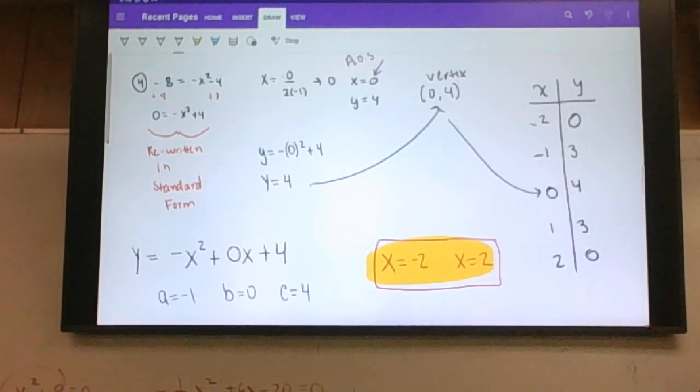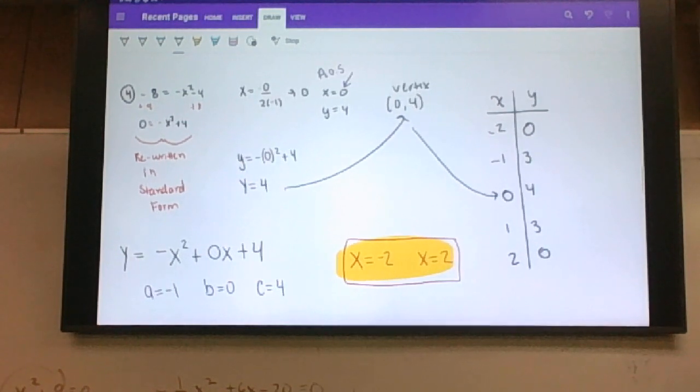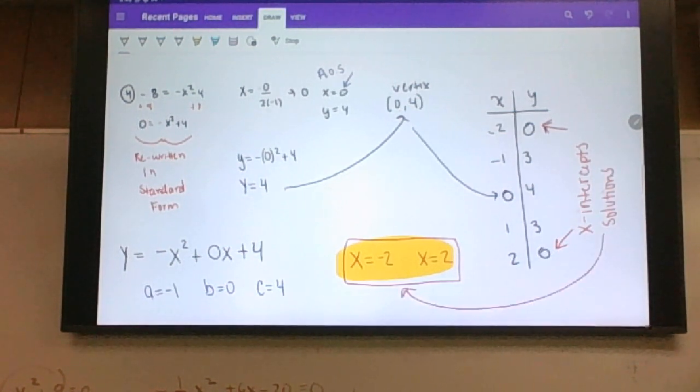And these are your answers, so you're plugging in order to find this y is a 0 and this y is a 0. Those are x-intercepts. And those are the solutions. Negative 2 and 2.